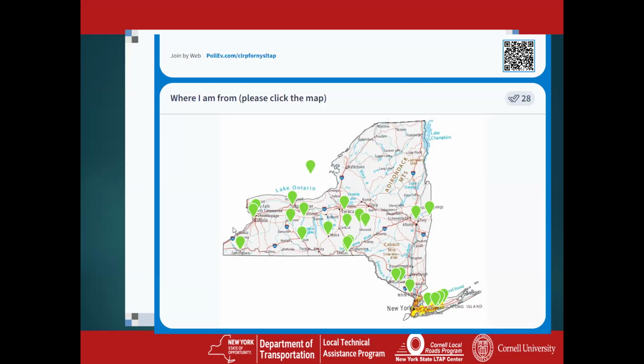Nice, handful of folks from the Capital District. And my favorite, somebody's logging in from Lake Ontario. Oh, I want to know who that is out on the boat because I want to join you someday. Nobody in the Long Island Sound though today. I'm a little surprised about that. Okay, excellent. Nice cross section of folks from across the state.